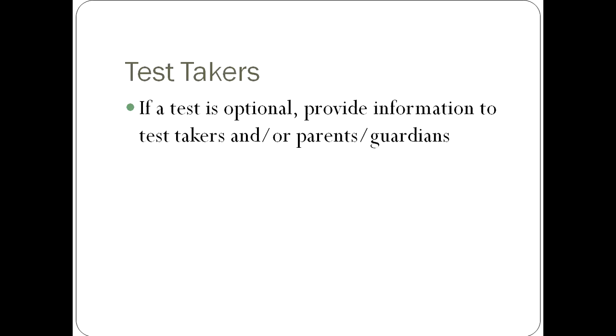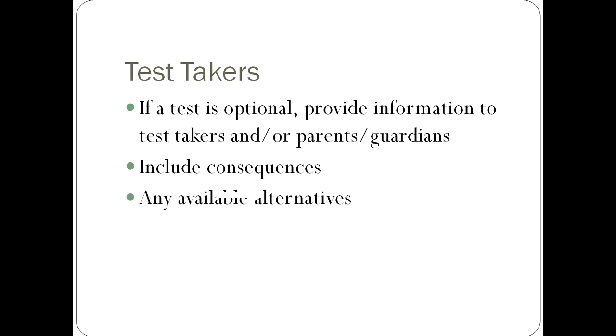This would be not just the test takers themselves, but if they're underage, their parents or guardians need to know all options provided to them, including consequences if they decide to not take a test, or if there is any available alternatives to one test versus another that maybe a parent or guardian or the test taker themselves would rather take.